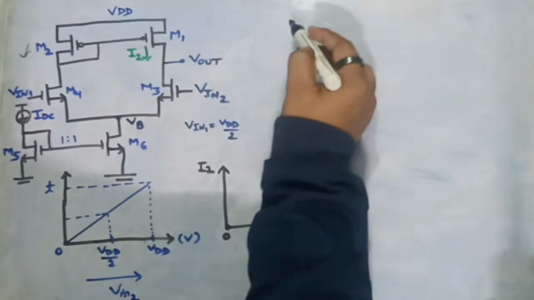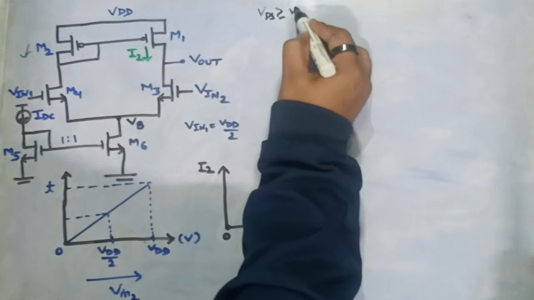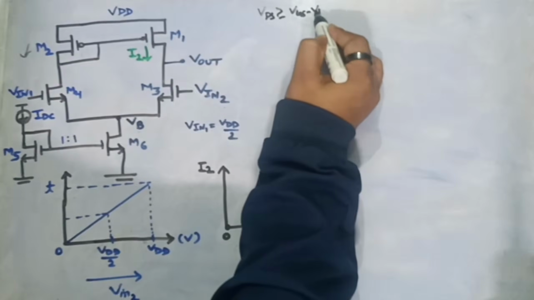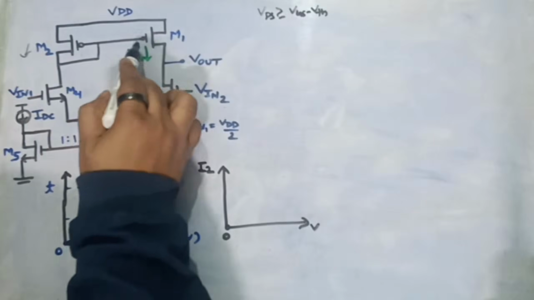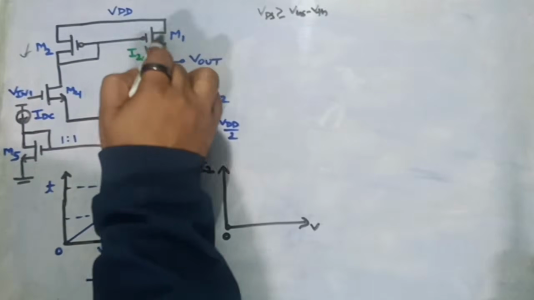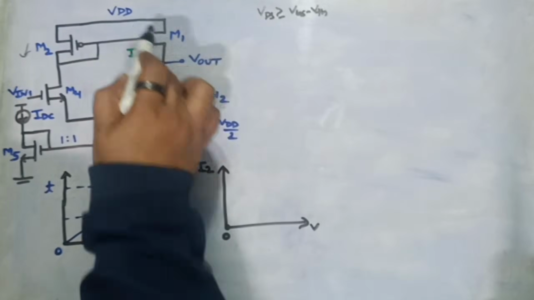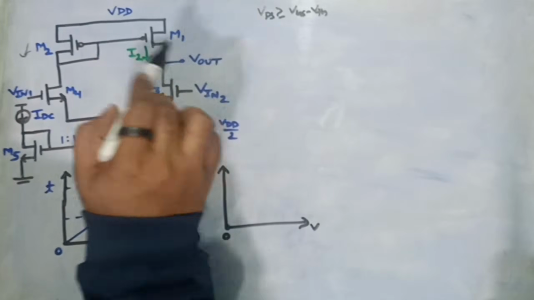There is a condition for MOSFET. If VDS is greater than or equal to VGS minus VTH, it will be in saturation and current will flow. So right now VGS minus VTH is justified, but VDS is 0 for this MOS. In that condition, there won't be any current flow, but the MOS will be on. So that means Vout will be sitting at VDD when Vin2 is sitting at 0 potential.